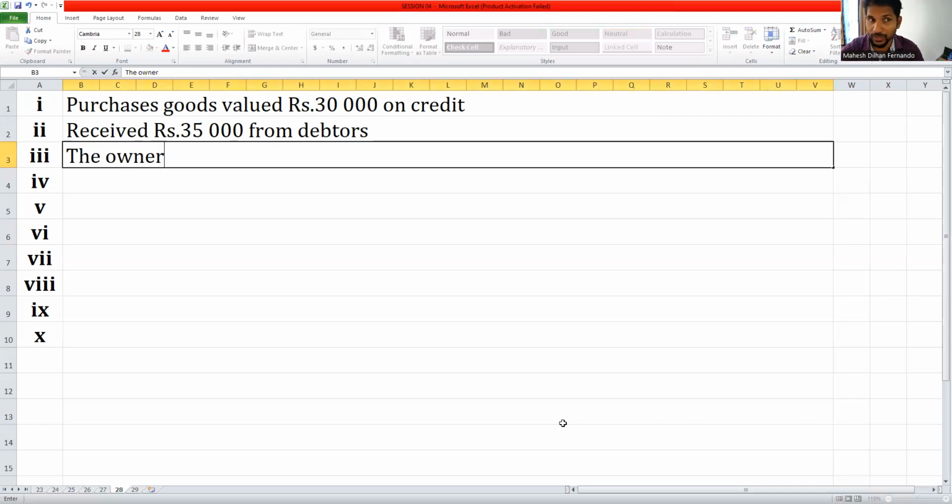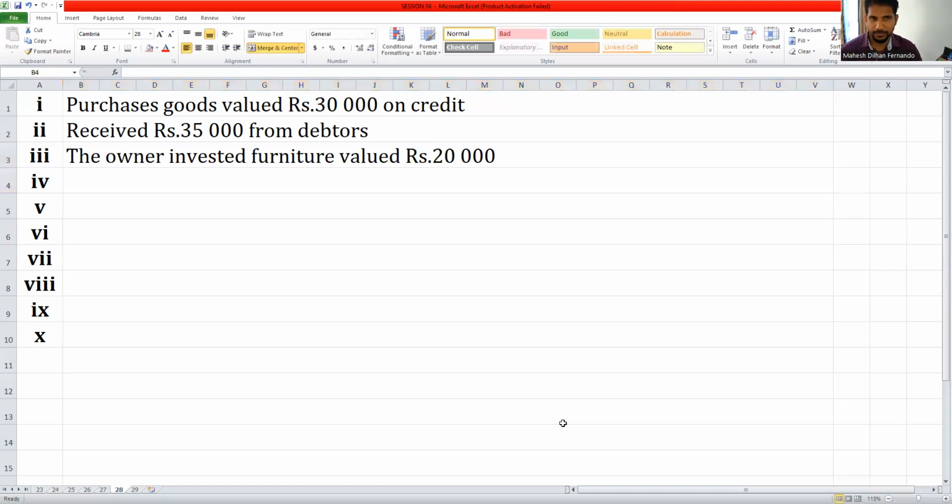Owner invested furniture valued rupees 20,000. The owner invested furniture valued rupees 20,000. So you should know how to describe a transaction and how to report transactions when the descriptions are given.